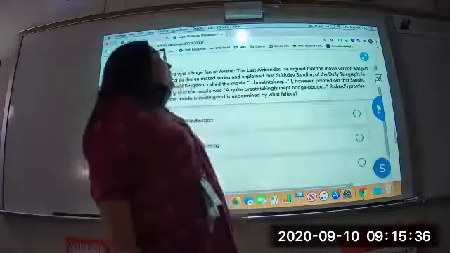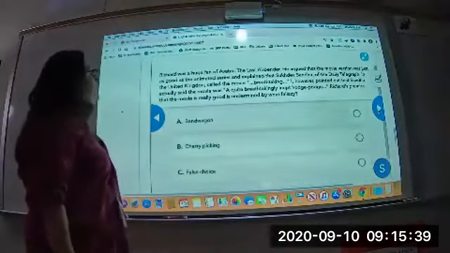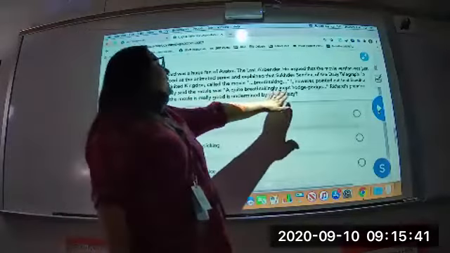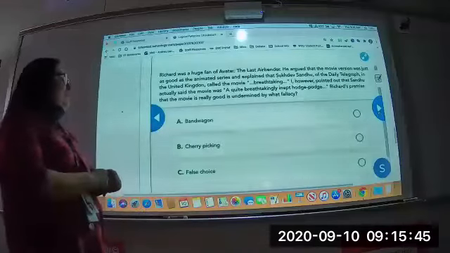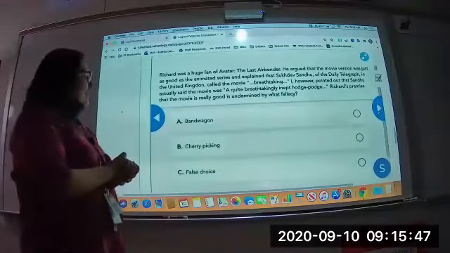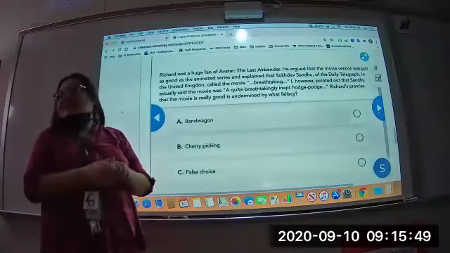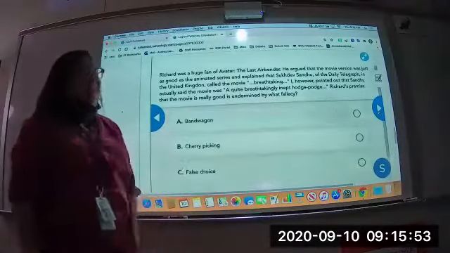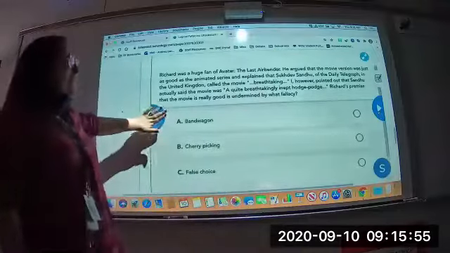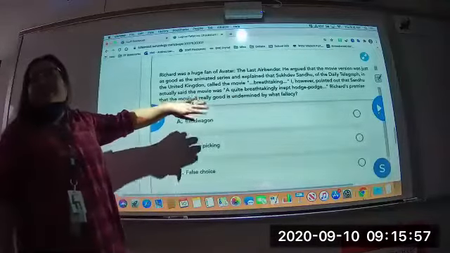I, however, pointed out that Sanji actually said the movie was a quite breathtakingly inept hodgepodge. Richard's premise that the movie is really good is undermined by what fallacy? Yes, cherry picking. It couldn't be bandwagon because what's the bandwagon?